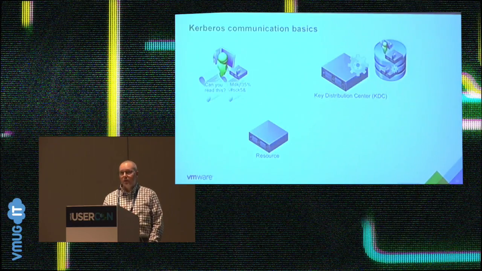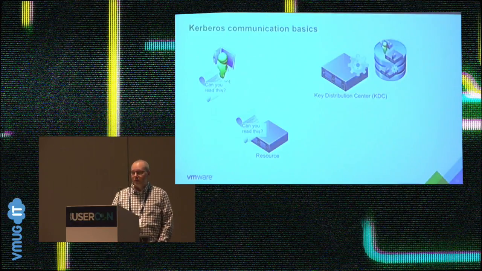I, as a client, can read my message that is encrypted with my secret. I cannot do anything with the other message, but I can forward it to the resource. And now the resource can decrypt it. And this is used to prove that I have validated myself against the KDC. The KDC vouches for me by encrypting a message stating my username in a message that I cannot manipulate.